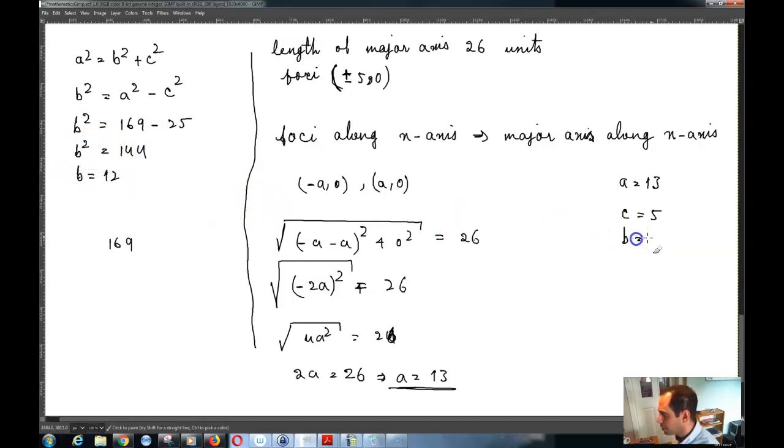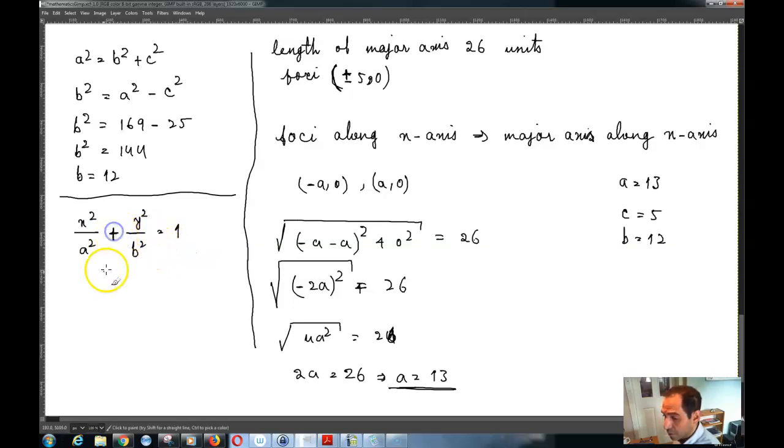So now if b is equal to 12, since we said that the major axis is along the x-axis, I can write x squared by a squared plus y squared by b squared is equal to 1.